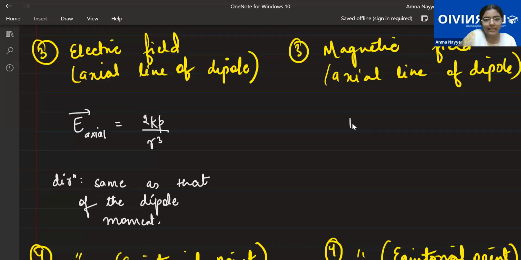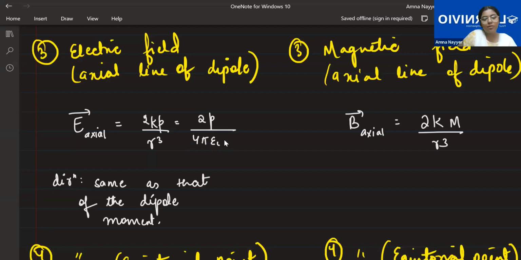Now here in magnetic field, B along axial will be exactly the same. This will be 2, K will be there, and instead of P, you will have M by R cube. One more difference will be there: here your K is 1 by 4 pi epsilon naught. This will be 2P by 4 pi epsilon naught R cube, while this will be 2 mu naught M by 4 pi R cube.